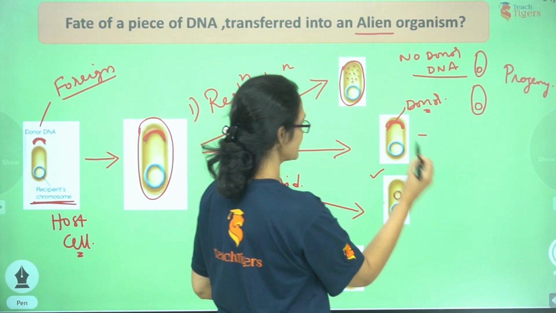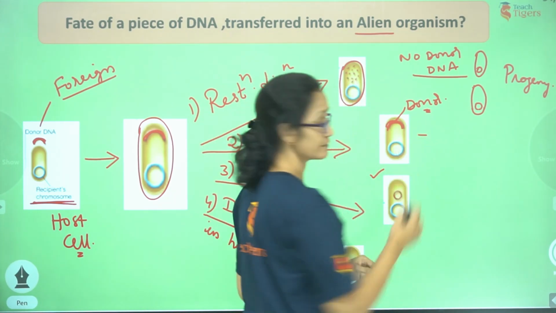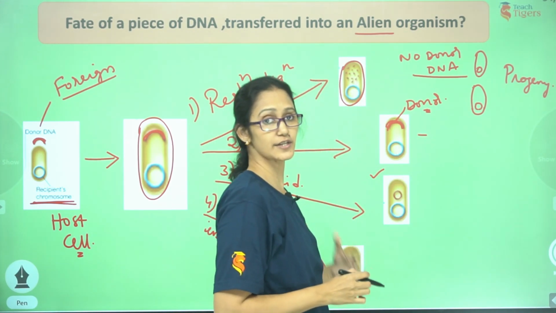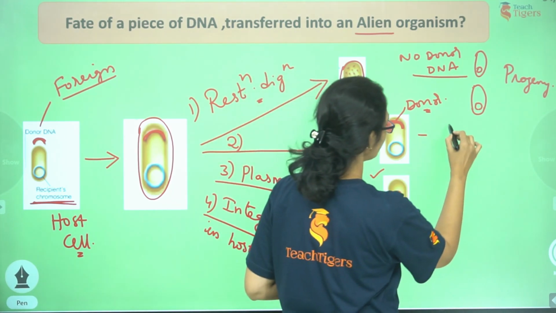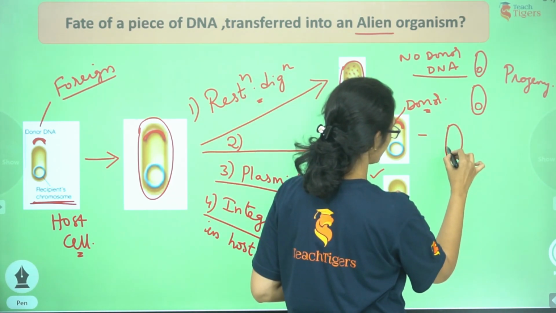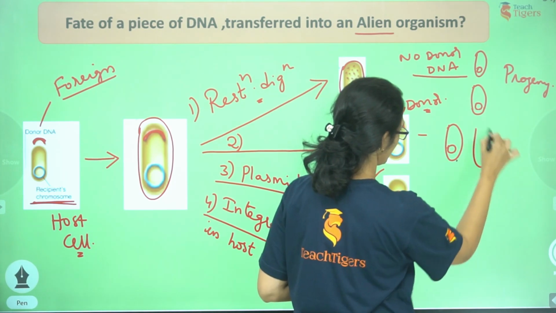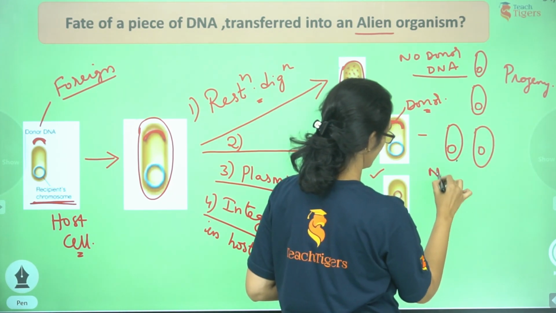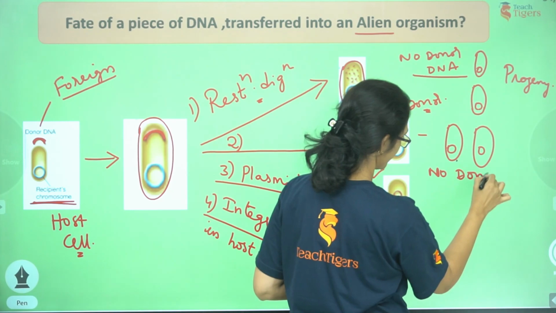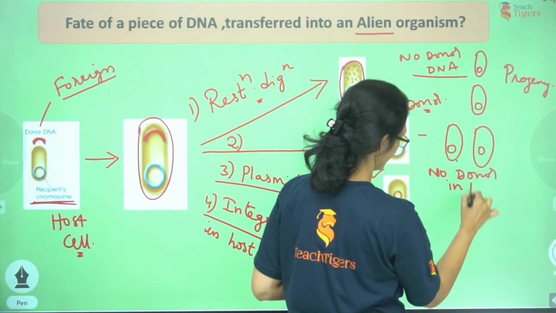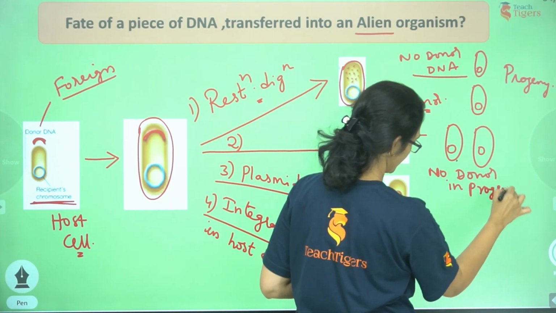So in the second case also, even though the donor was able to withstand the restriction enzymes, it cannot be transferred to the progeny. So no donor in the progeny.